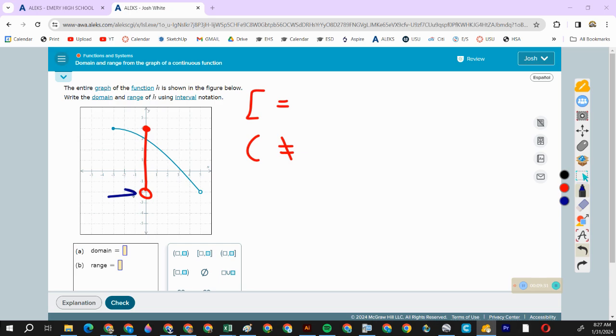So the smallest city is -2. Does that get a bracket or a parenthesis? Because it's not equal to, so we put a parenthesis on it. Okay? Technically, it's called a parenthesis, but that's just obnoxious, so I don't say it. Okay, and the highest one is going to be 4, bracket or parenthesis. Bracket.